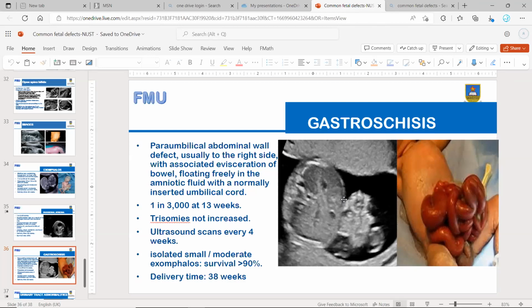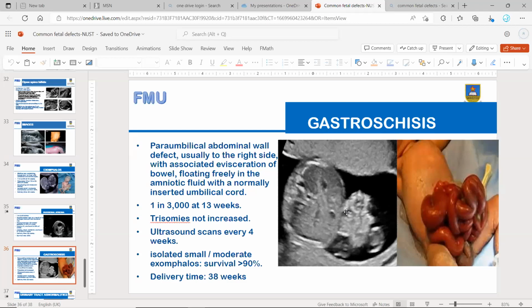The gastroschisis is thought to occur as a result of some thrombosis that happens on the right side, on the left side of the abdomen, close to where the cord is inserted. And the herniation is going to be on the right side.